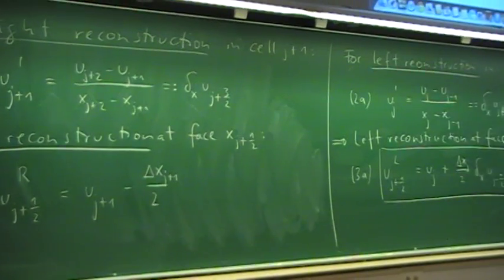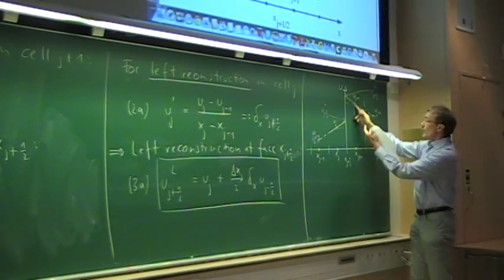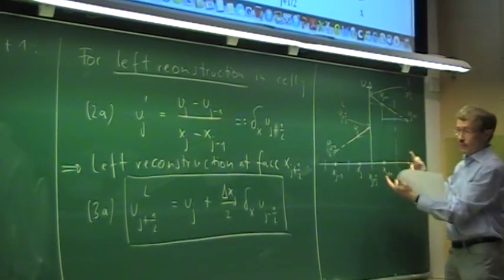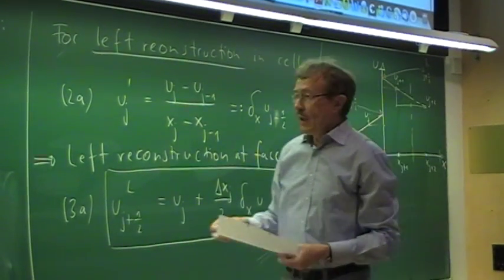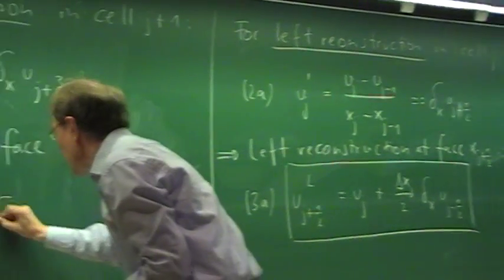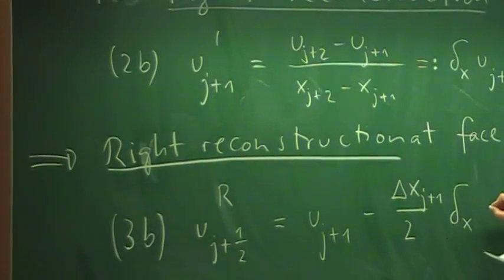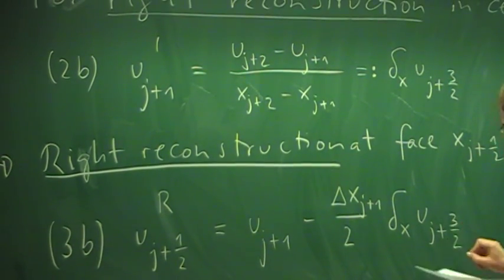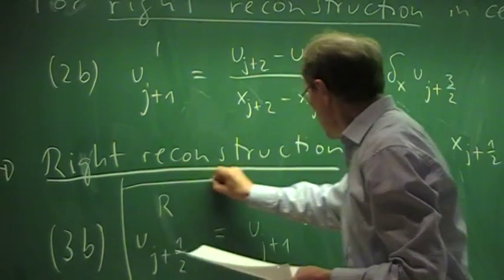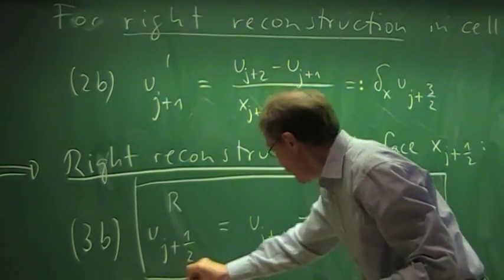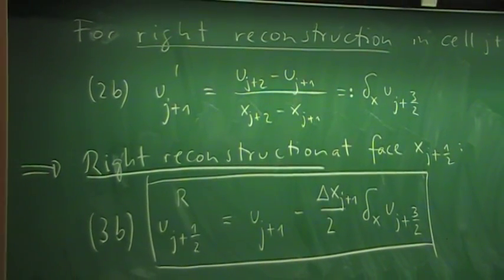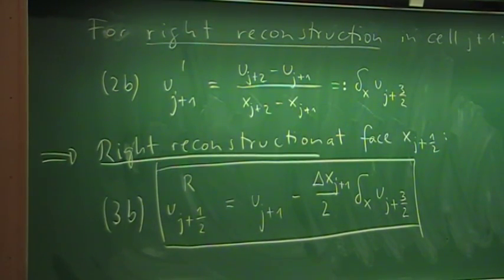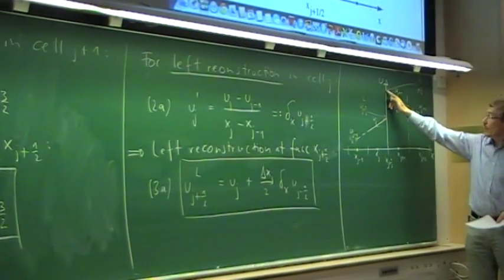Because we are starting here, and then this distance here is delta xj plus 1 half, negative, times the slope, and the slope is the one that we just denoted by delta x uj plus 3 half. So then we have the right reconstruction at the face xj plus 1 half. And that is what we indicated here. So this value here is then the right reconstruction.